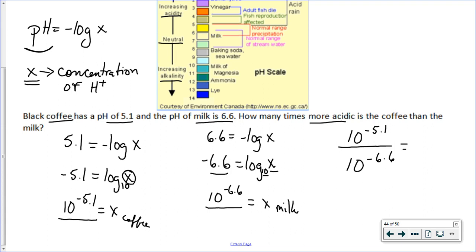This is already 10 to a power. So I'm just going to use 10 to the -5.1 divided by 10 to the -6.6. Sorry about that. And what does it come out to be? 31.6 times more acidic. So there's an example for pH for you.